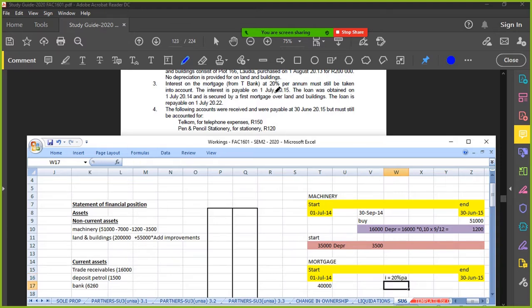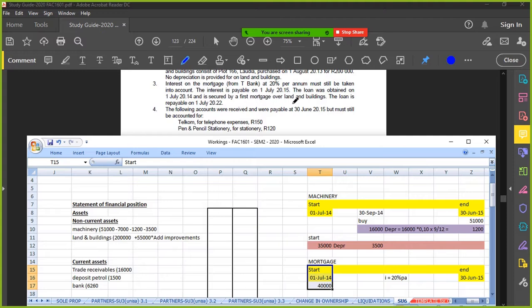What else? Interest is payable on 1 July 2015. 1 July 2015 is next year, so there will be an accrual. So accrued interest expense is good. The loan is obtained on the 1st of July 2014, so start of the year.